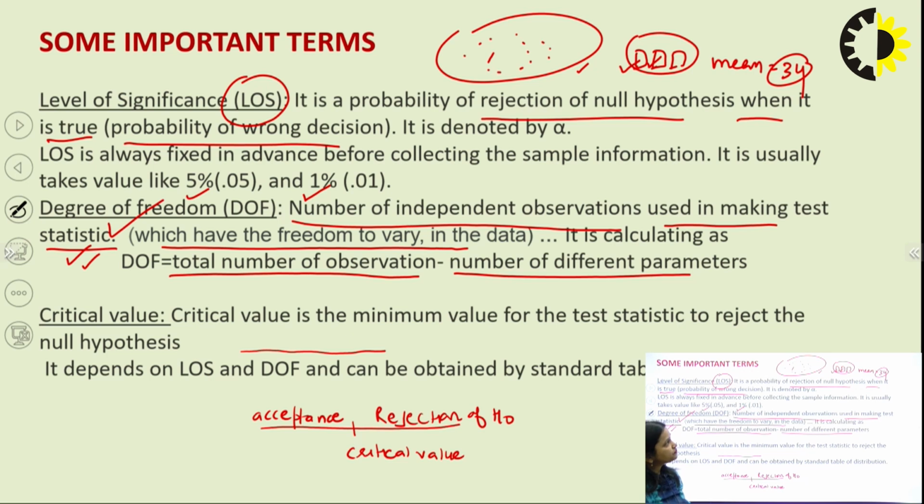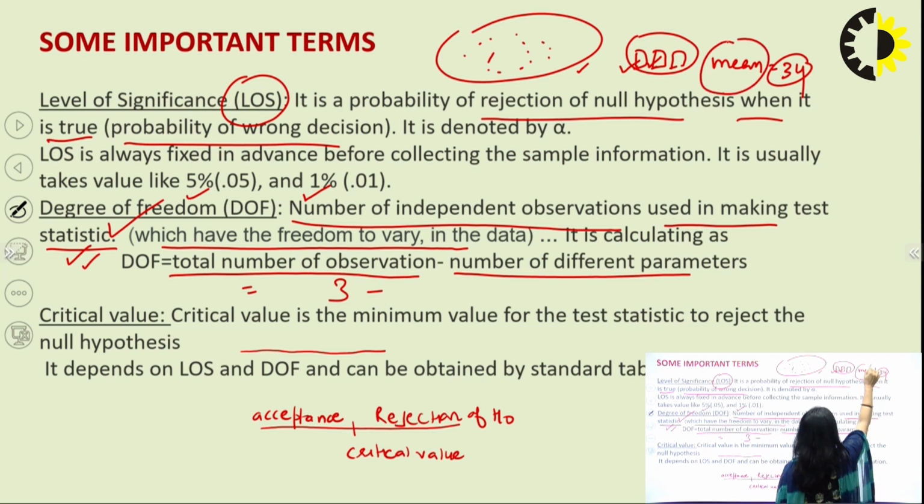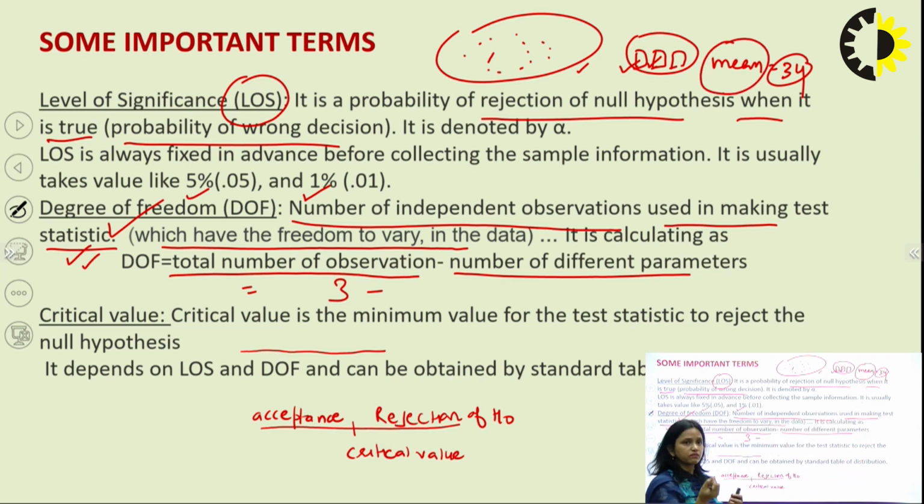So now you can see the number of independent observations. How many observations will be independent? Number of independent observations will be number of total observations 3 minus number of different parameters. Parameter means the statistical constant. What I am going to calculate? Just mean, only mean, one parameter.